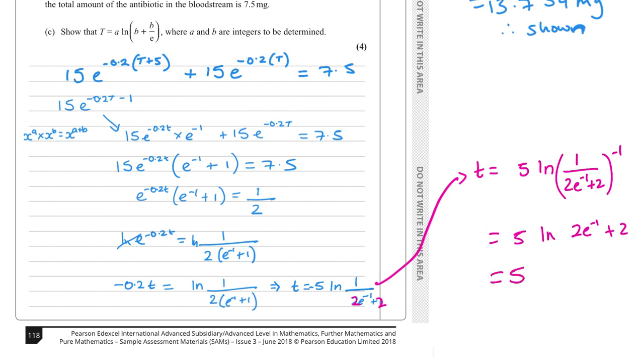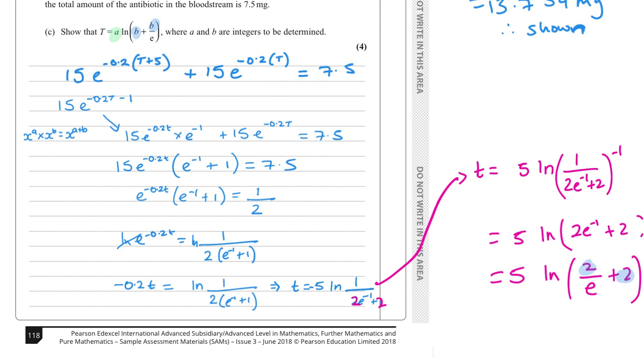This is great, which is 5 ln 2 over e, because that's what e plus 2, which is exactly the form they want it in, and they've got their b's here. Brilliant, and we've got 2, which is fantastic. Then our a must be 5.